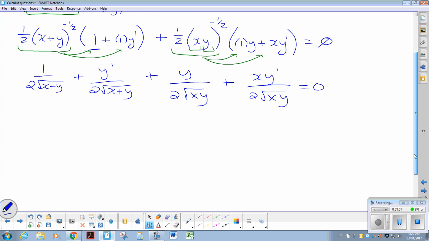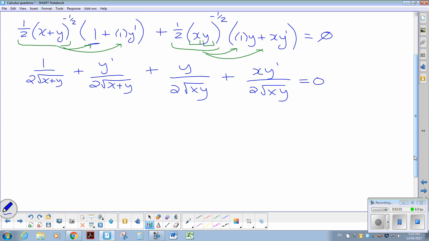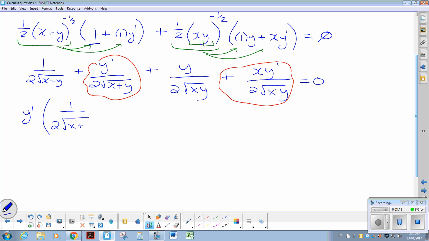Now, anything with a y prime, I'm going to factor out. So I'm going to have a y prime, and I'm factoring out of these two fractions right here. So I'm left with 1 over 2 square root of x plus y plus x over 2 root xy. The other two terms, I'm going to move to the other side.